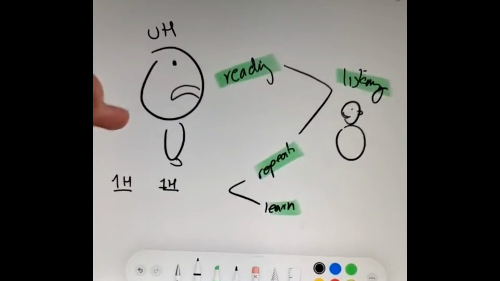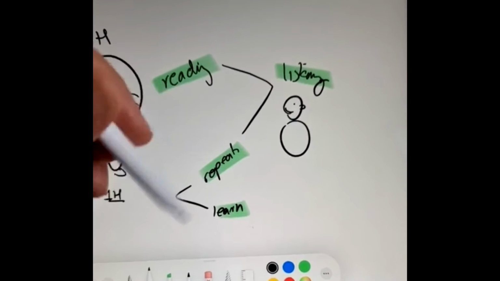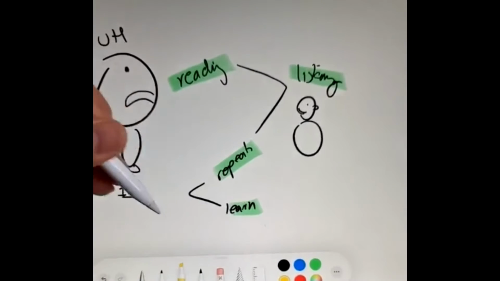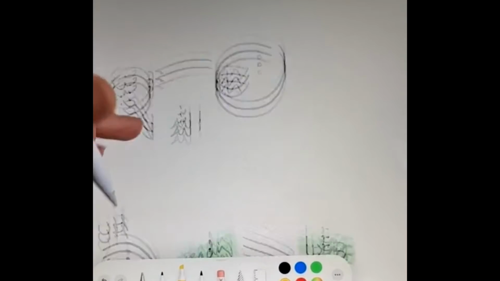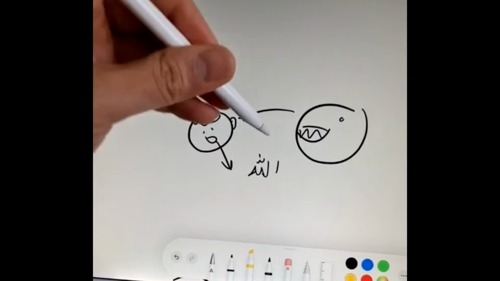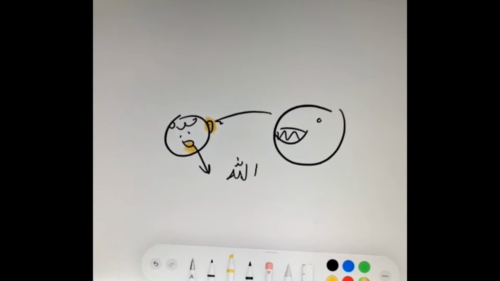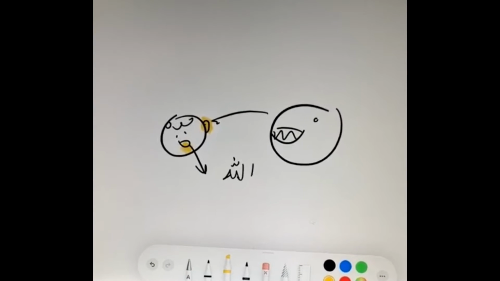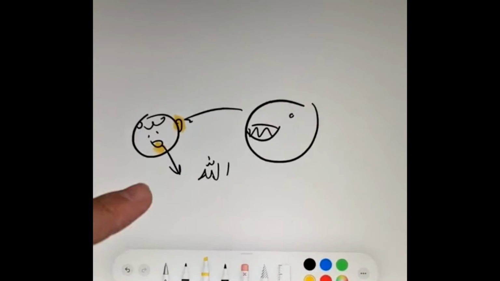Now, the next thing is, as you're listening, you can be listening but saying something different. When I say to this baby Adam, Allah, he's listening to the word Allah, but he's not really saying the word Allah. Does that make sense? What you listen to is not necessarily the exact thing that you are going to be saying.